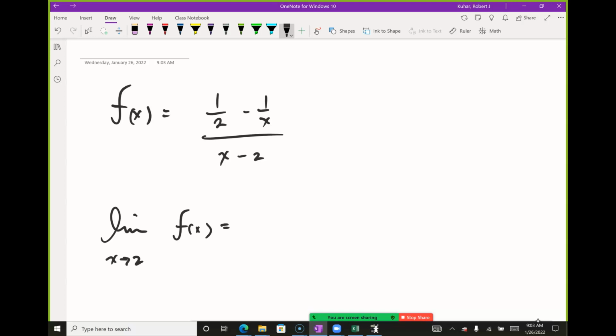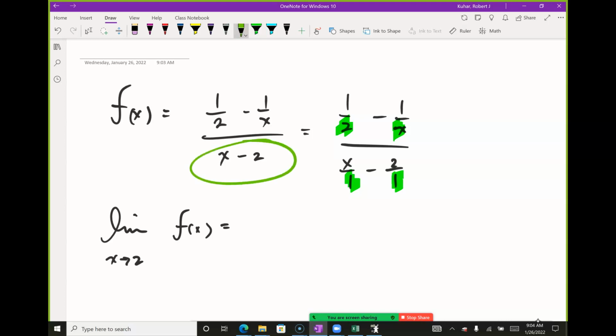On this one, I want to clear interior denominators. So I can really think of this guy as fraction minus fraction over fraction minus fraction. And I want to be thinking of the LCD of those interior denominators, not the entire denominator. I'm not going to think of x minus 2 as a denominator.